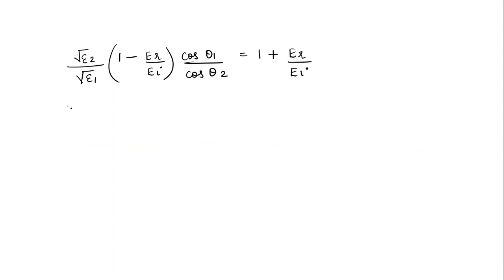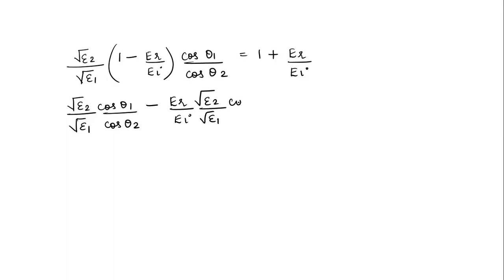I'm just opening the bracket in front of you. What will happen? Root of epsilon 2 upon root of epsilon 1, cos theta 1 upon cos of theta 2, minus ER upon EI, root of epsilon 2 upon root of epsilon 1, cos theta 1 upon cos theta 2 is equal to 1 plus ER upon EI. Right? It will look like this.